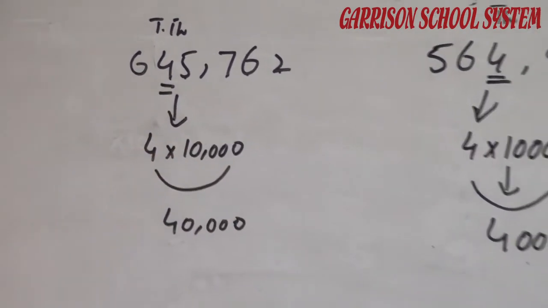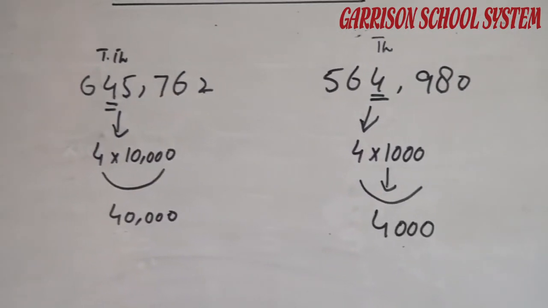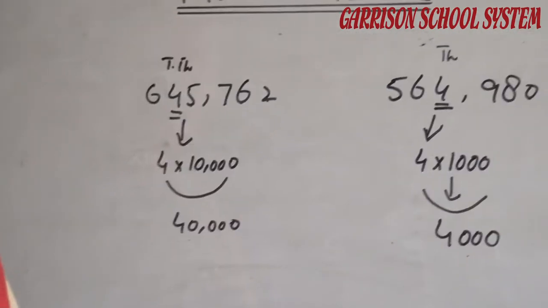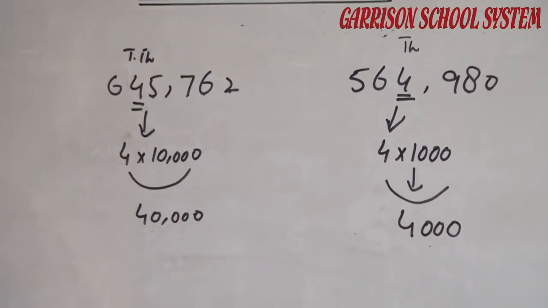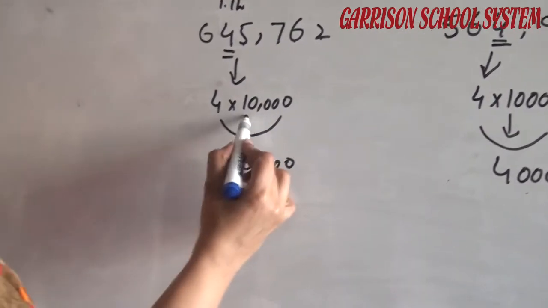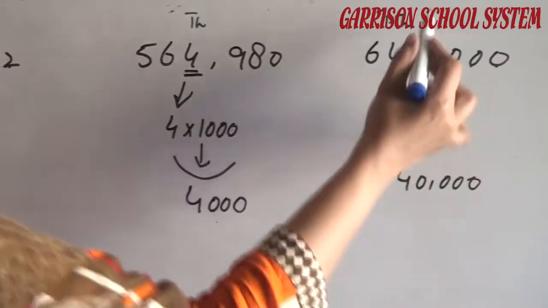Now, have you seen, students? The question was, which number has 4 in the 10,000 place? So this is the 10,000 place. This is also the 10,000 place.